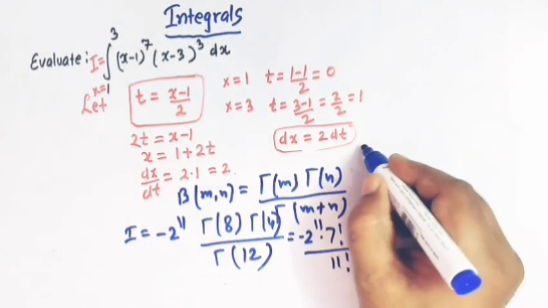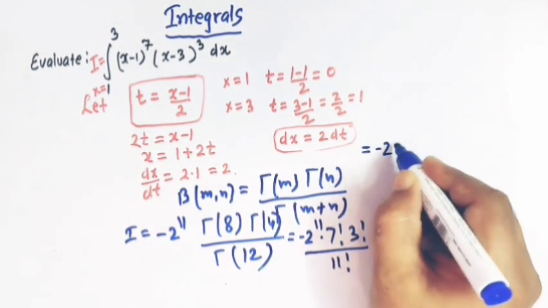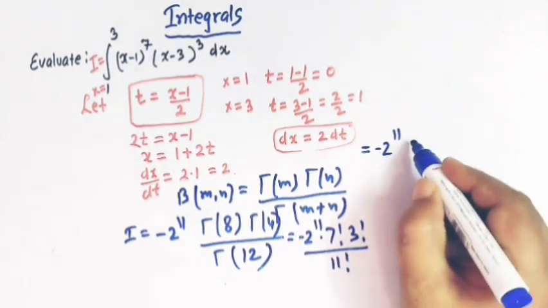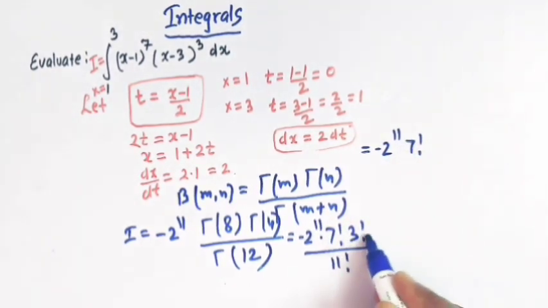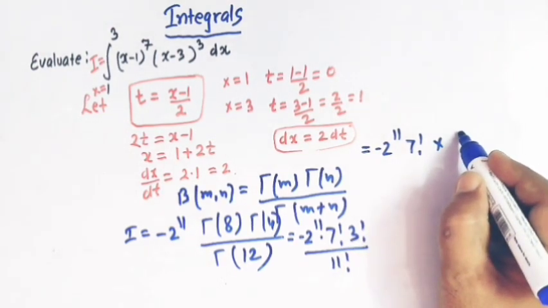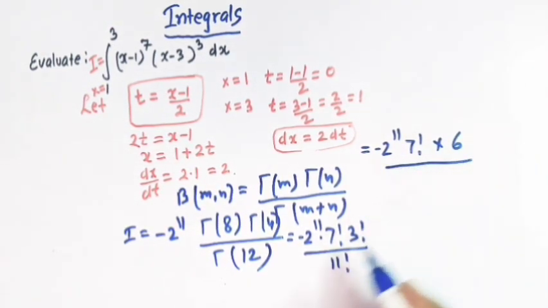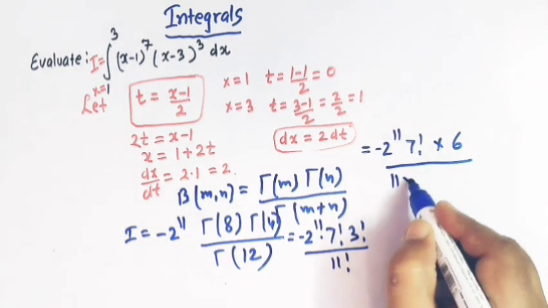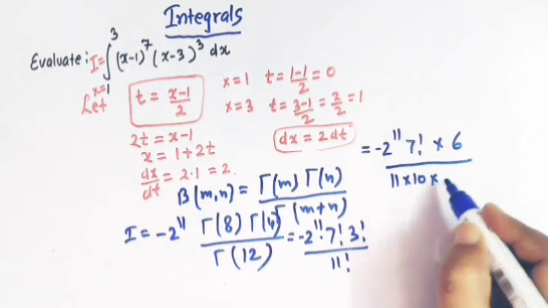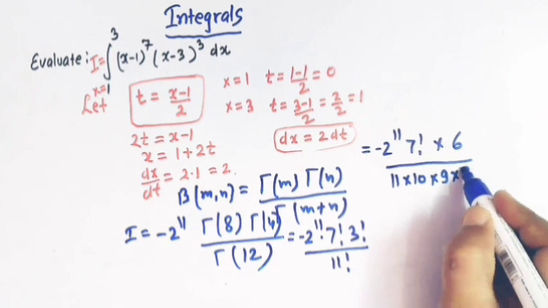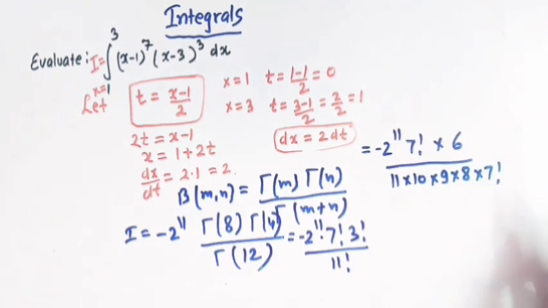So now see, here we have minus 2 raised to 11, 7 factorial, then 3 factorial is 3 times 2 times 1, that is simply 6, and 11 factorial can be written as 11 times 10 times 9 times 8 times 7 factorial, right?